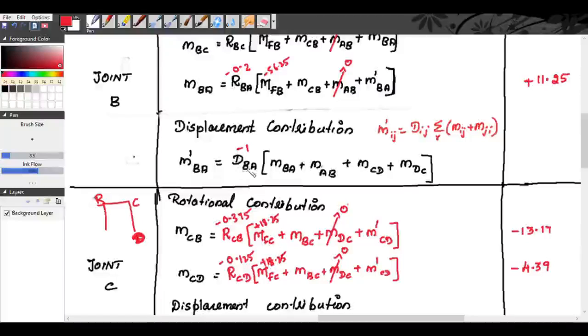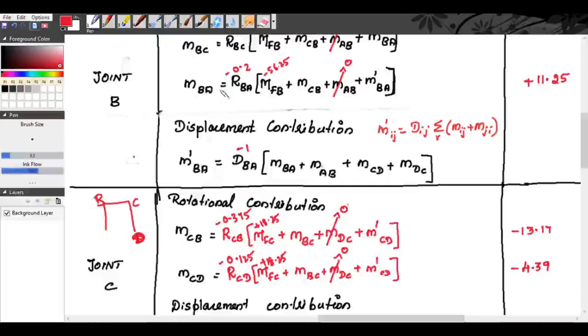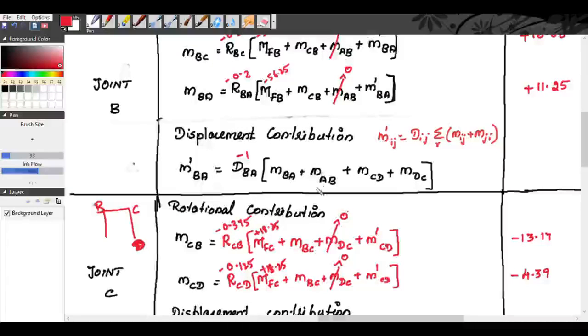So, displacement factor dBA is minus 1. MBA, the value is plus 11.25. Okay, MBA is plus 11.25. MAB is always 0. Similarly, MDC is always 0.